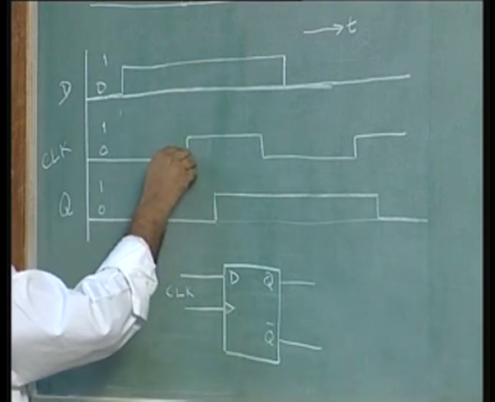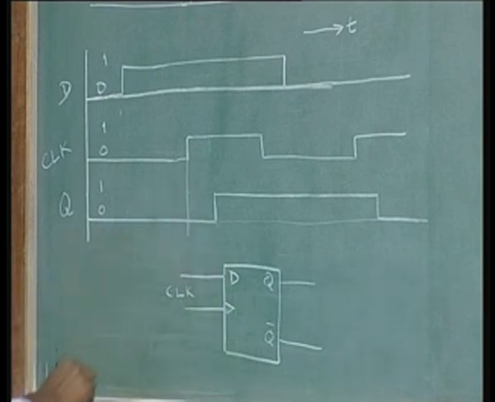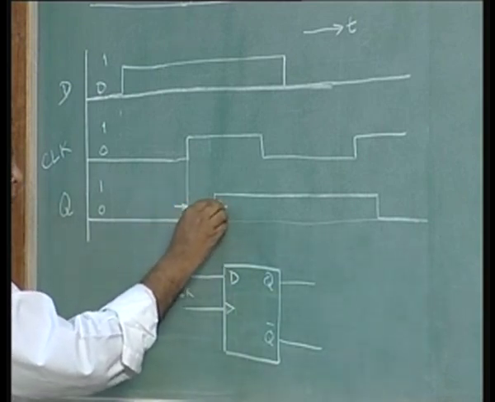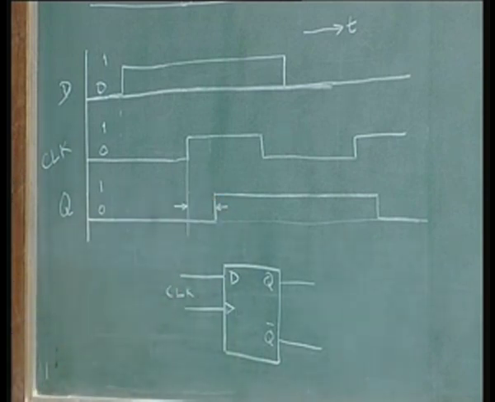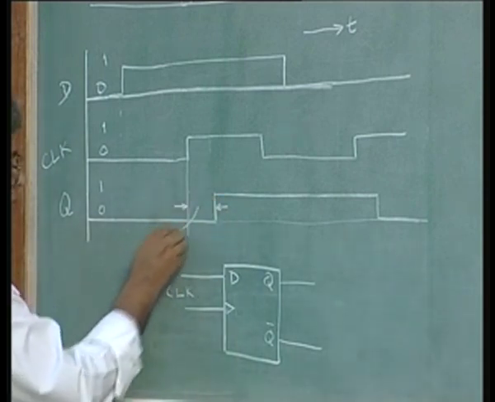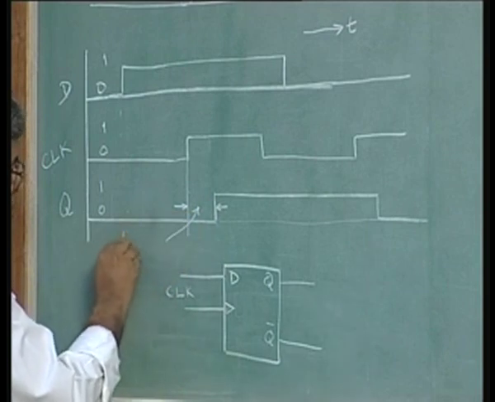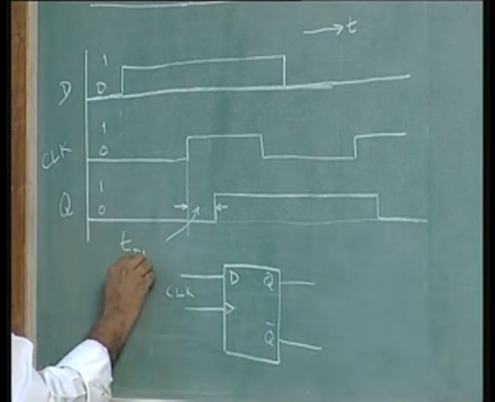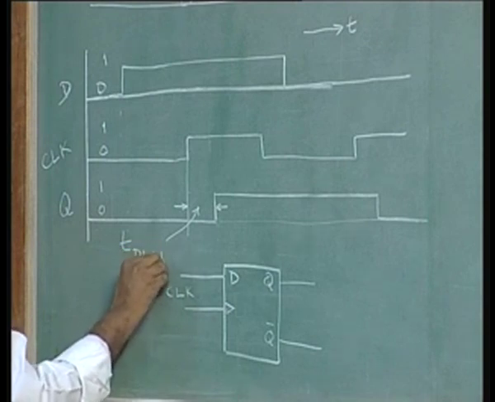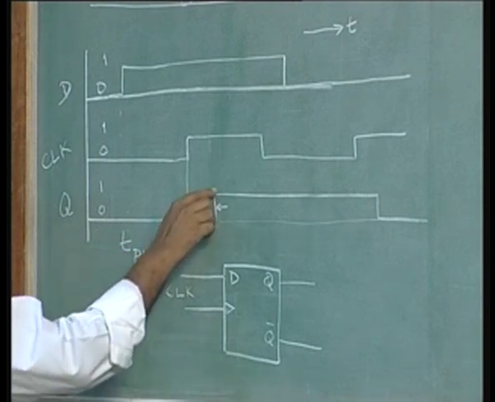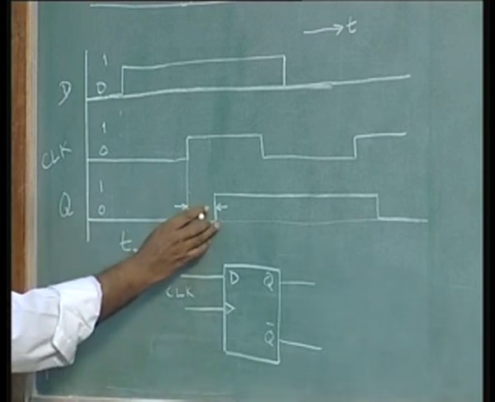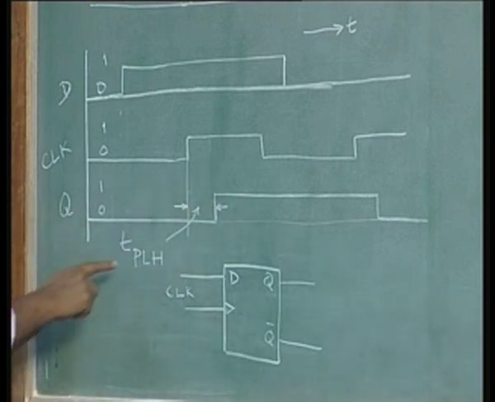This should happen here, but it happens here, usually a little later because of the propagation delay. So this period is called TPLH, propagation delay from low to high. If the output has to change from low to high, the amount of time required for that propagation is called propagation delay, TPLH.